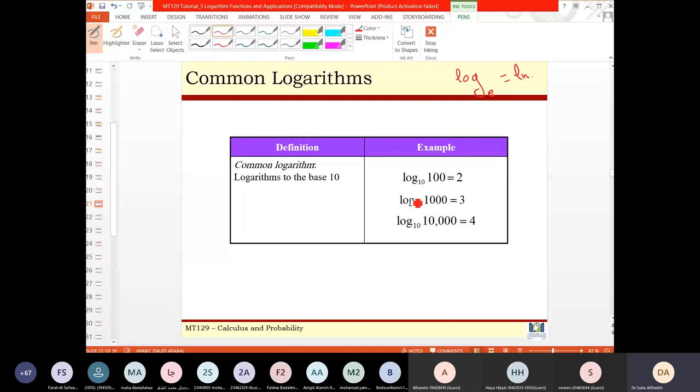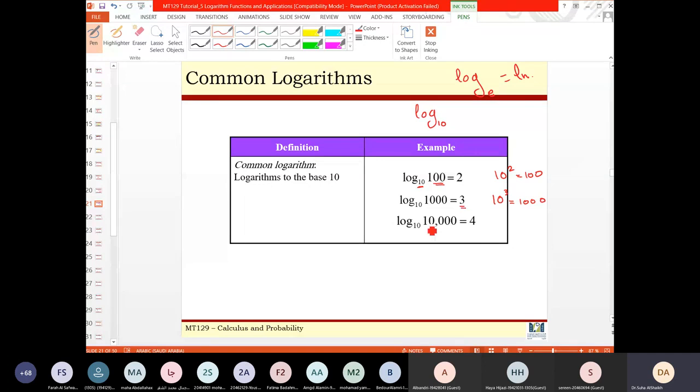One of the common logs is the log base 10. For example, when we say log base 10 of 100, it means 2, because it means 10 to what power will give me 100? It is 2. 10 to the power 2 will give me 100. Now log base 10 of 1000 is 3, because 10 to the power 3 will give me 1000.